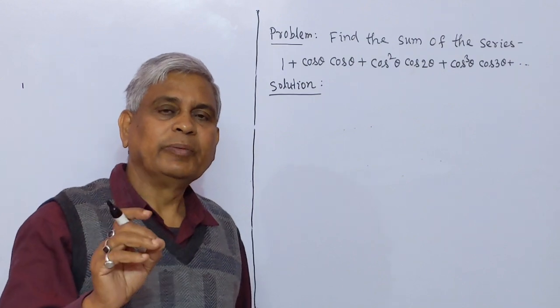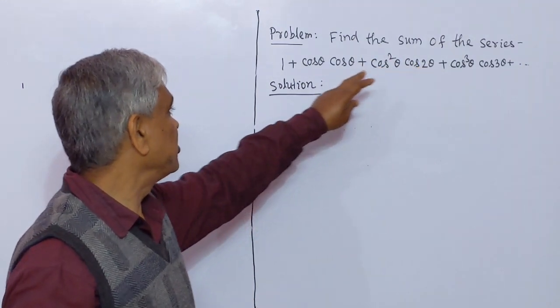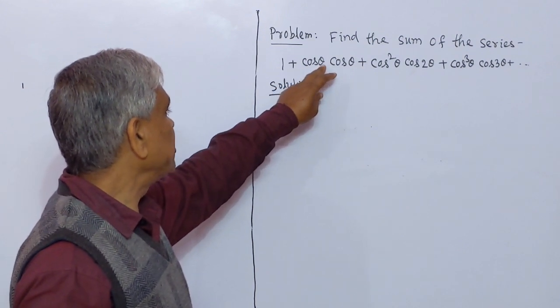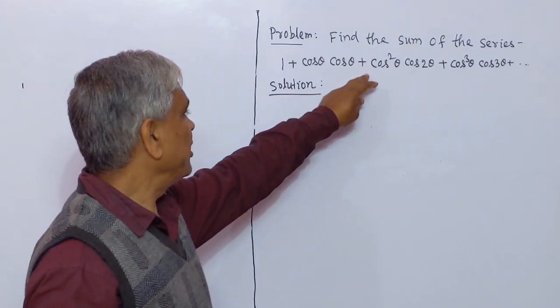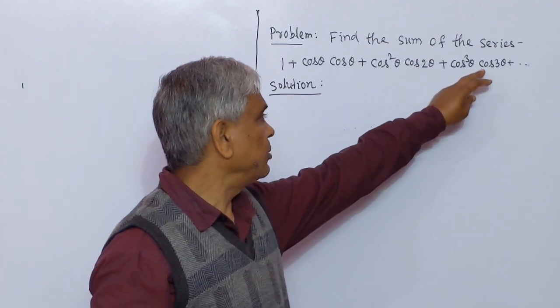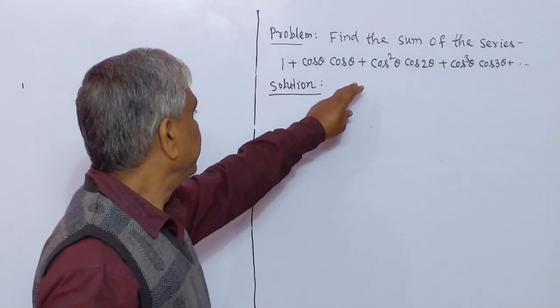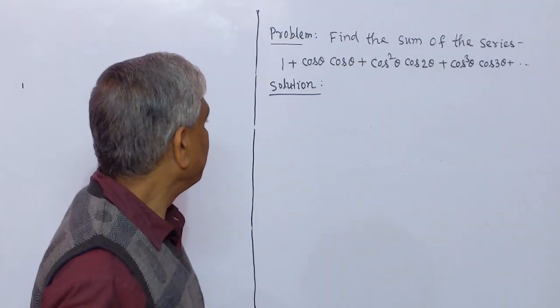Now we solve the next problem. Next problem is find the sum of the series 1 plus cos theta multiply cos theta plus cos square theta multiply cos 2 theta plus cos cube theta multiply cos 3 theta plus dot dot dot. Now we solve this.